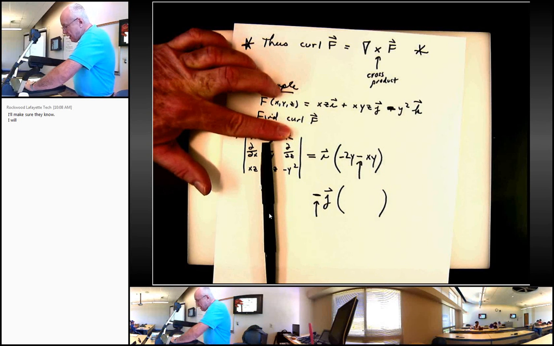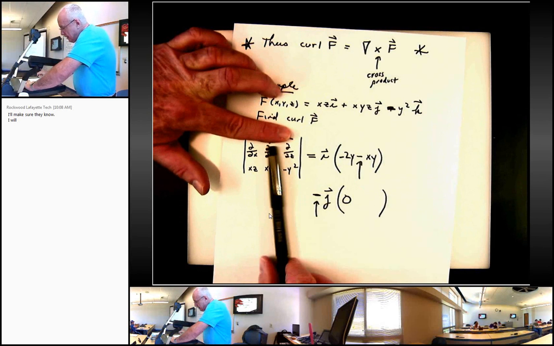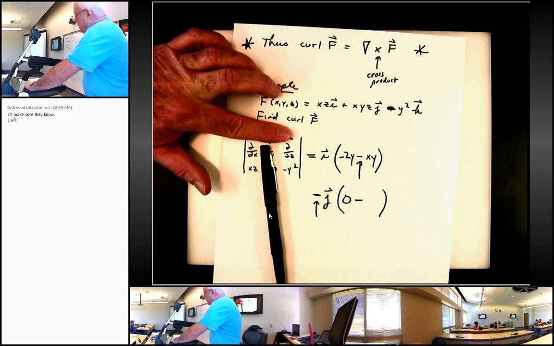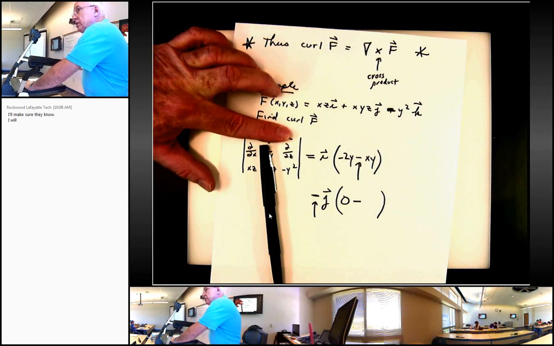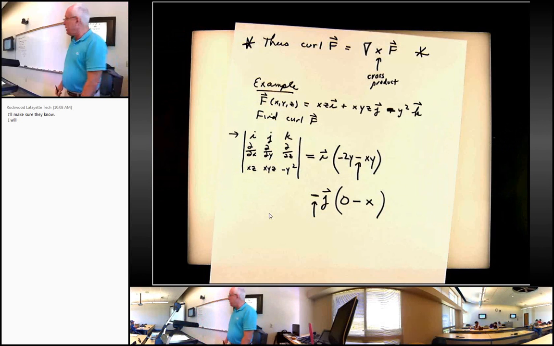Well, y is a constant, so that's going to be a 0. And then we minus delta delta z of x times z. Well, z is going to go to 1, so that's going to be an x left over. Okay, so we have that.